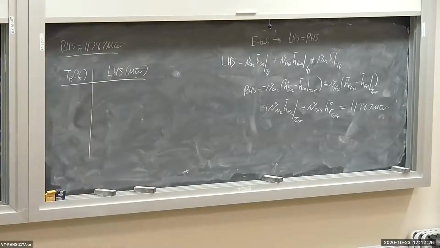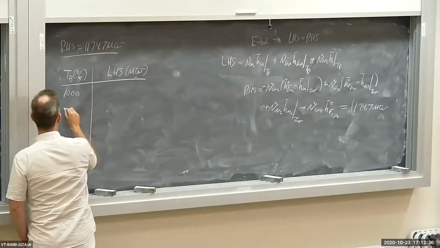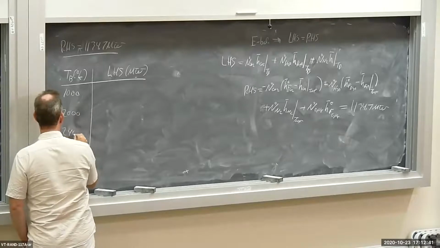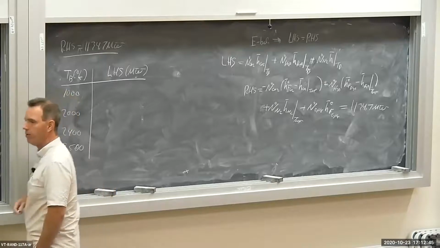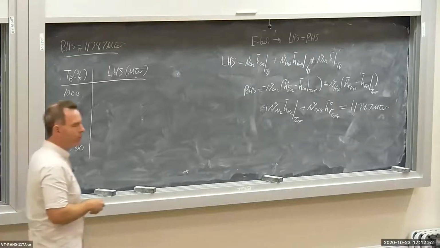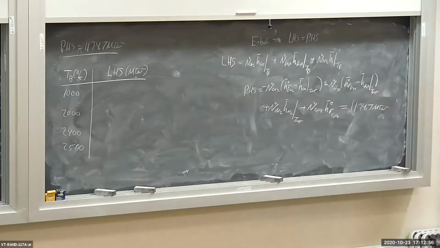Now I'm going to choose some temperatures here: 1,000, 2,000, 2,400, and 2,500 degrees Kelvin. Four different temperatures, okay? And I'm going to calculate the left-hand side for each of these four temperatures.